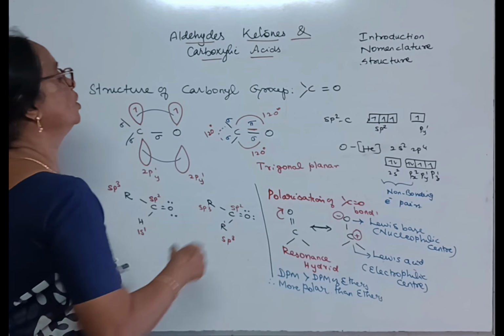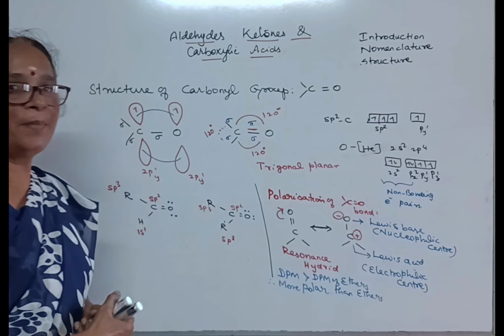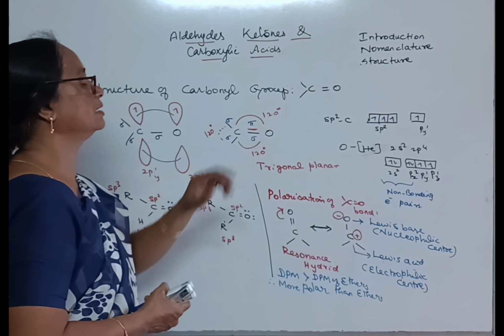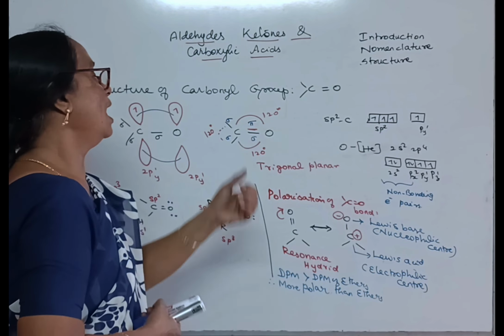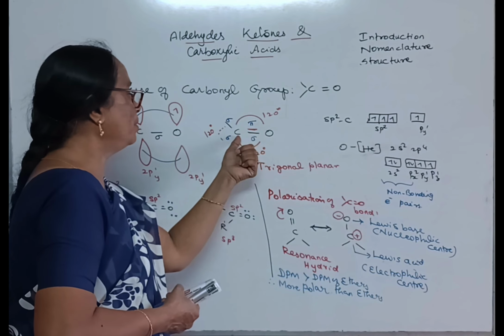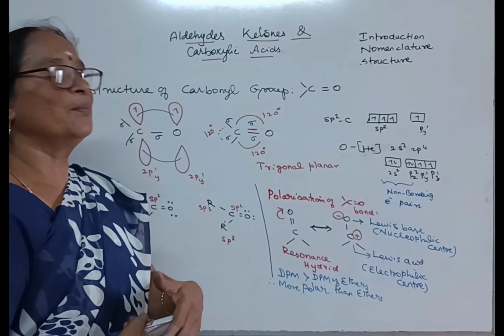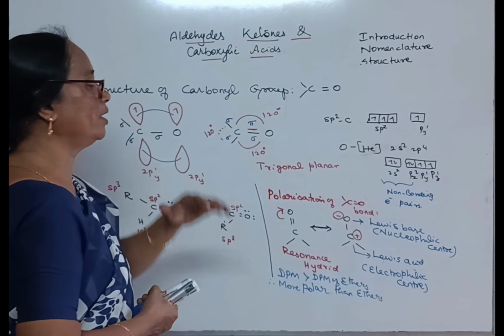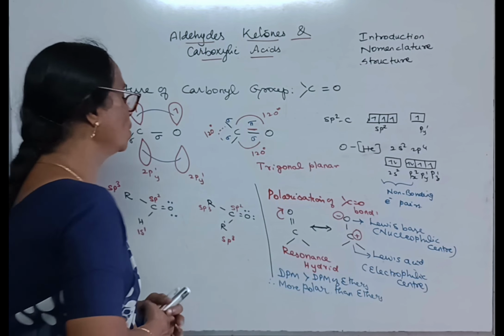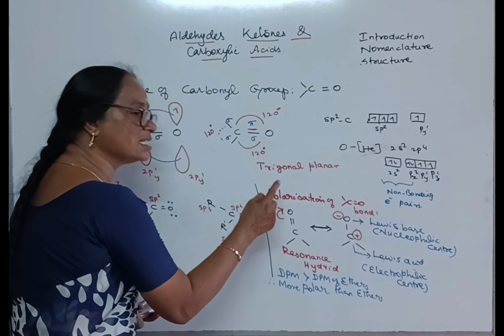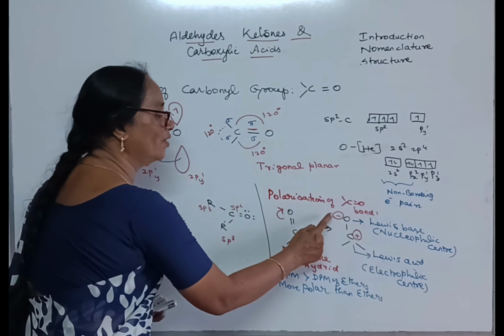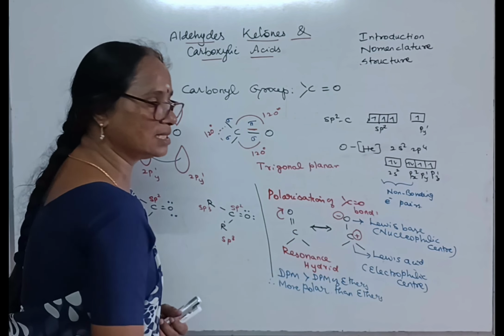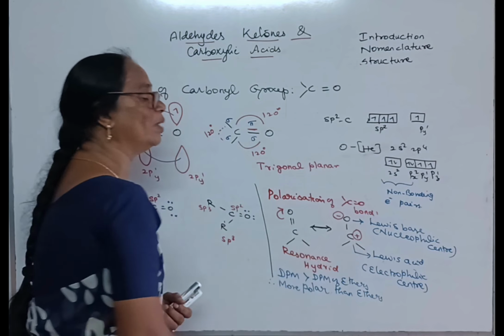Due to the presence of the pi bond, that bond can be delocalized, and delocalization takes place between carbon and oxygen because oxygen is more electronegative than carbon. So oxygen withdraws the pi electron, which develops a negative charge over the oxygen and a positive charge over the carbon.